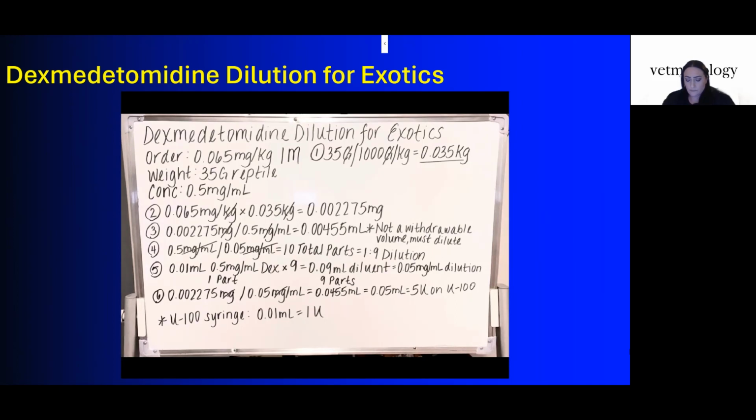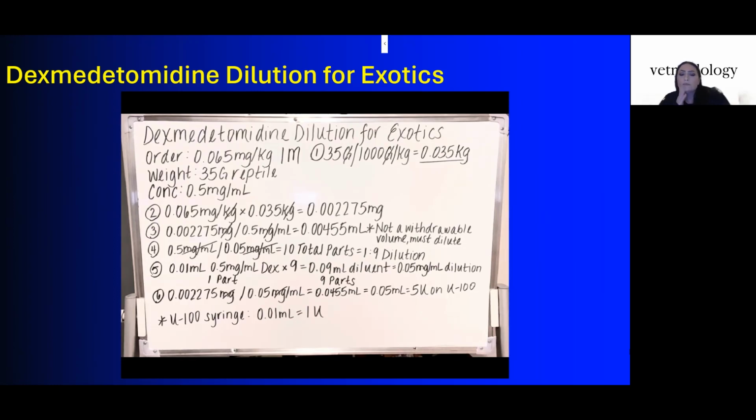So we're going to start with 0.01 mils of 0.5 mg per mil dexmedetomidine, multiply that by 9, and we get 0.09 mils diluent, which is equivalent to a 0.05 mg per mil dilution. 0.01 mils is 1 part, 0.09 mils is 9 parts.